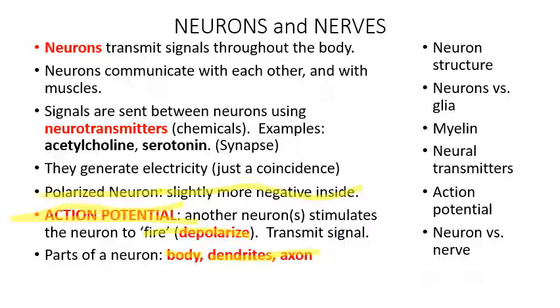It squirts or sprays a little bit of neurotransmitter onto another neuron, which will stimulate it, or it may squirt a little bit of neurotransmitter onto a muscle, causing the muscle to contract, because there are motor neurons whose job it is to communicate with the muscles.